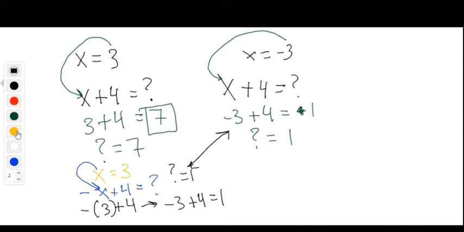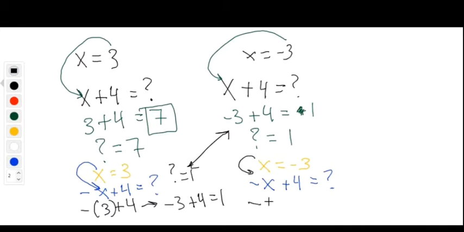Now let's do the same exact thing, except let's make this x equal a -3, and let's make the equation -x plus 4 equals question mark. So it's the same process. All you do is just solve this in, but check this out.